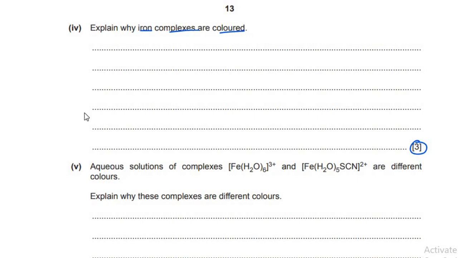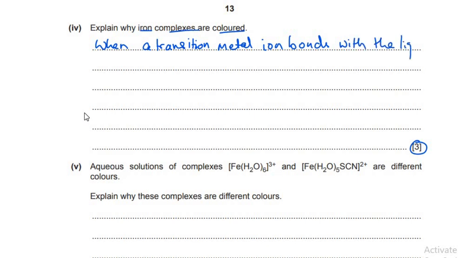So let's start with a similar explanation which can be used every time they ask about transition metal complexes being colored: when a transition metal ion bonds with the ligands, the d orbitals are non-degenerate. Now non-degenerate means they don't have similar energy levels.